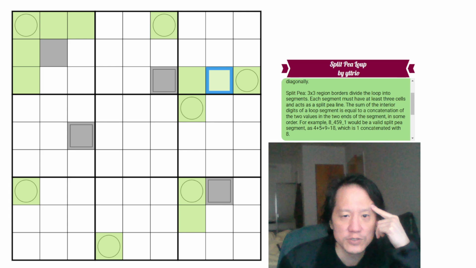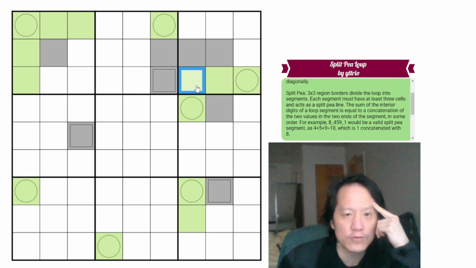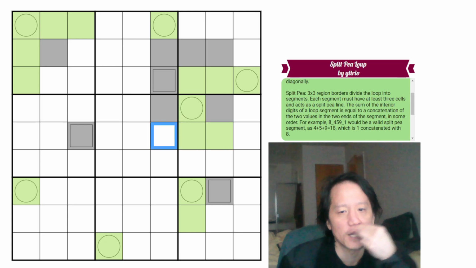It has to go this way, which means that we know, first of all, these can't be part of the loop. This obviously can't be part of the loop. This can't continue then, so this has to go here. And in addition, it can't just be 3, so therefore it can't go this way, so it has to go here, and it can't go here because this would just be 2, so that can't work.